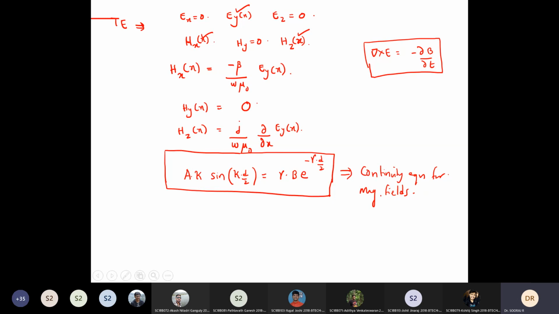So the other one for the electric field is A cos kappa into d by 2 is equal to B into exponential minus gamma into d by 2.